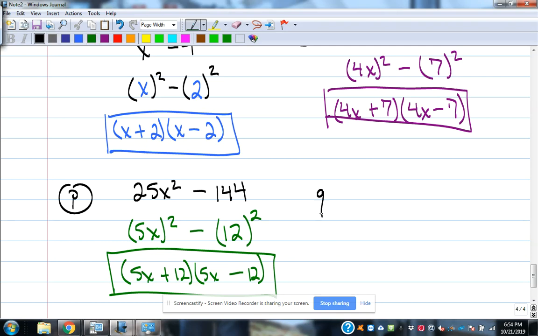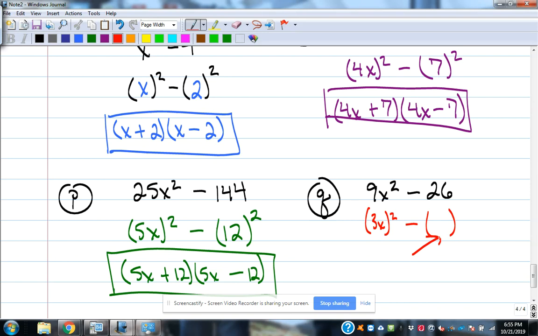Where you can run into some trouble sometimes is if they throw something like this at you: 9x squared minus 26. That looks a lot like a difference of squares, but it's not, because I can't rewrite it, because 26 is not a square number.